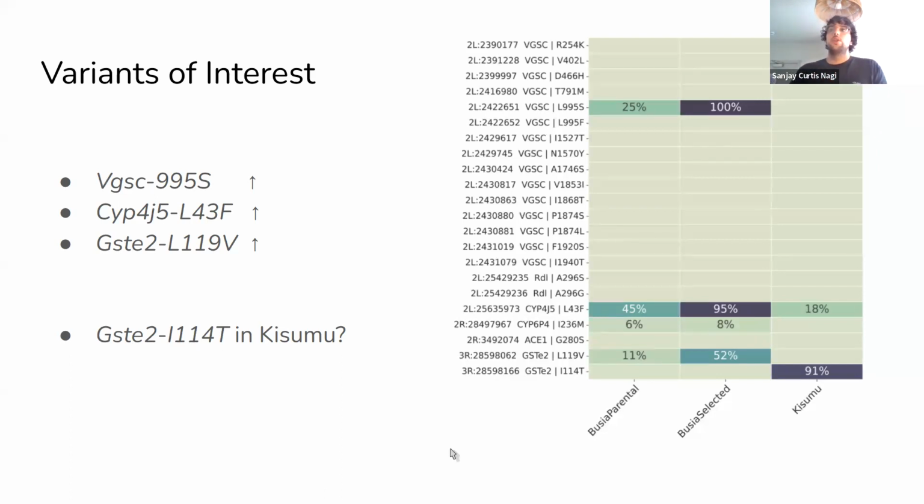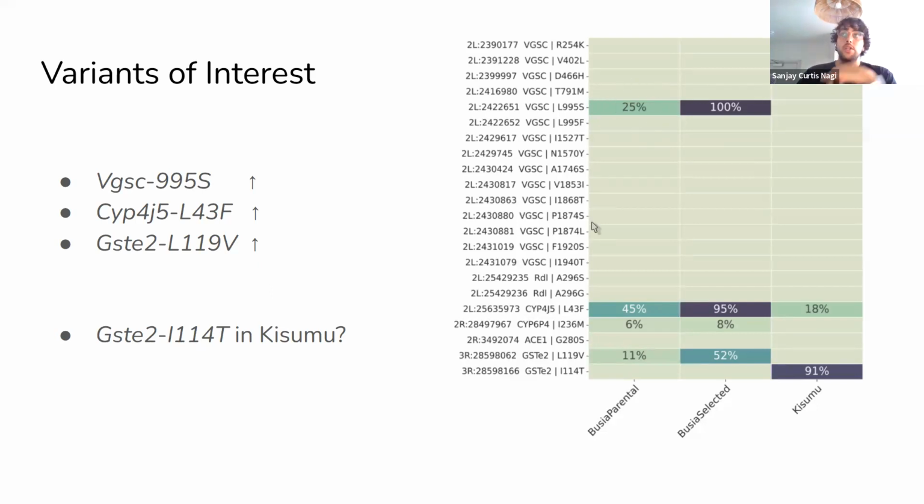And so what we can see is we have the BUSIA parental strain. We knew that this strain had low or no resistance when we started the selections. And we can actually see that the VGSC mutation L995S, which we know is present in Uganda at quite a high frequency, was at around 25% frequency.